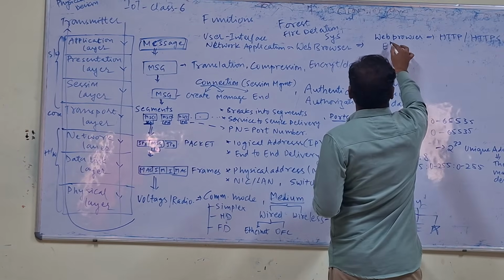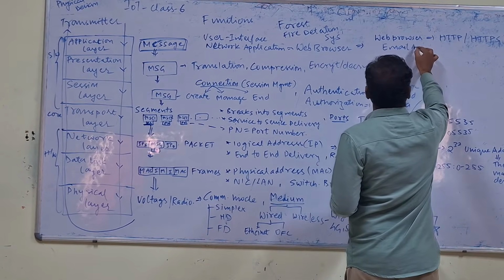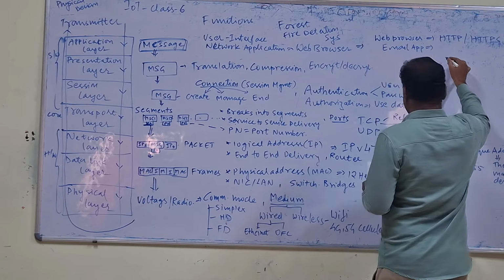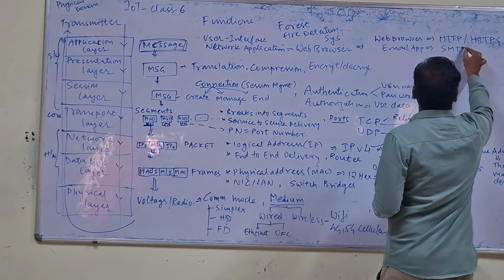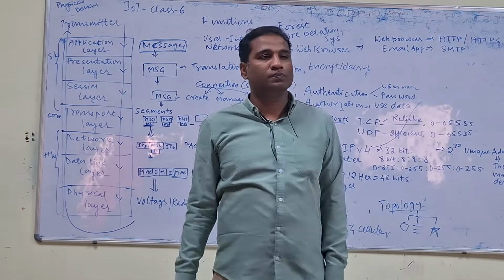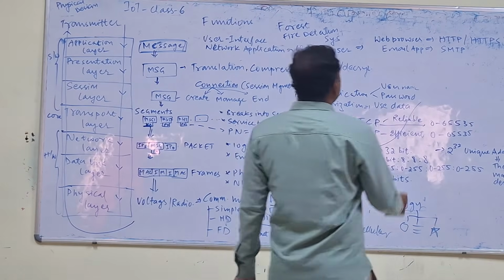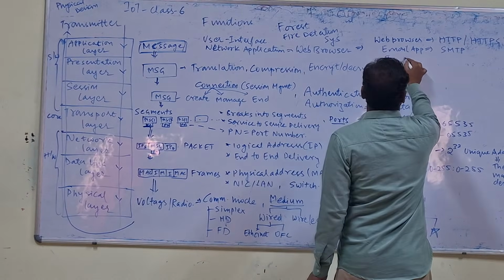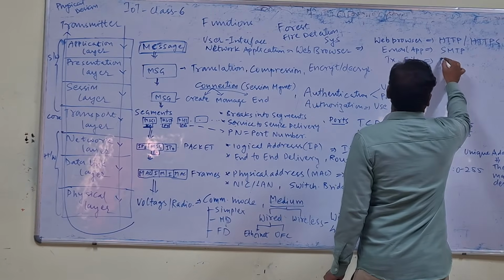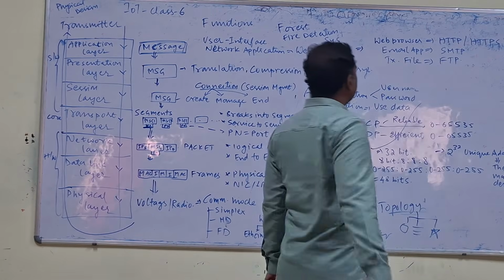If you are using an email app, you are using the Simple Mail Transfer Protocol. If you want to transmit a file, you will be using the File Transfer Protocol.